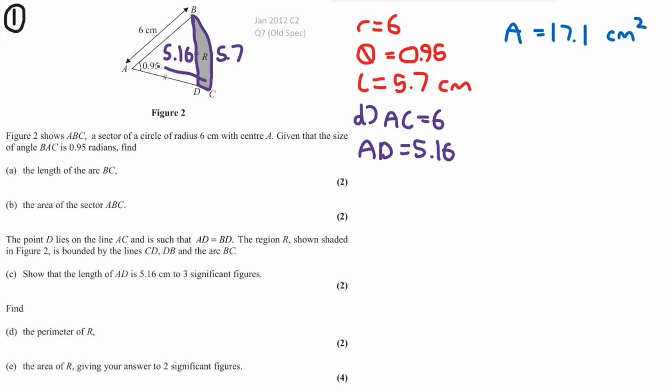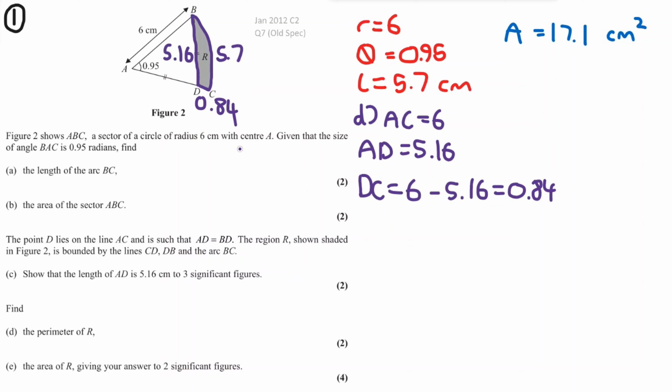So this whole thing is 6, and then this little section here is 5.16, so therefore the length of DC is just going to be the length of the whole thing, 6, minus the length of AD here, which is 5.16. And if you put this into a calculator, this is equal to 0.84. So the length of this side is 0.84.